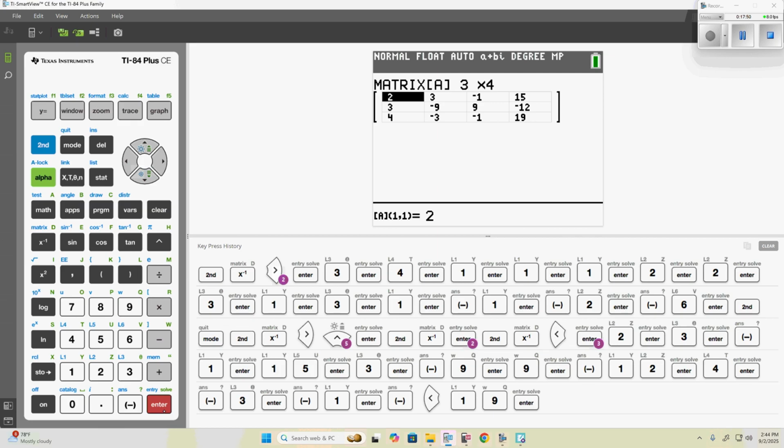Once you get them all typed in, we're going to go second quit. Is everybody able to get them all typed in? Yes. Second quit. Once you get them all typed in, second quit.